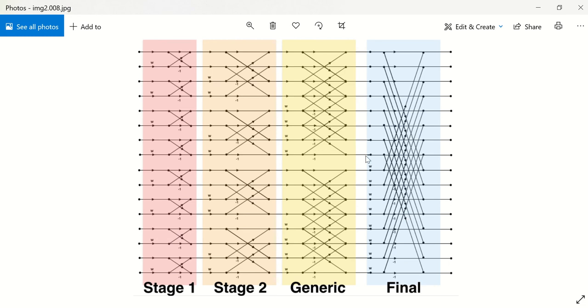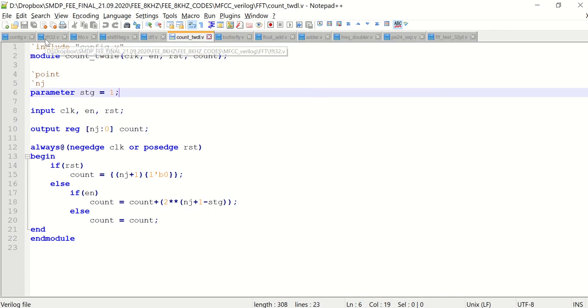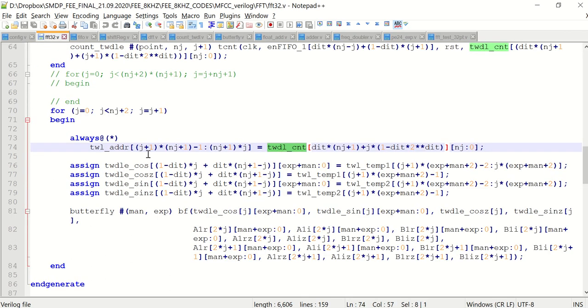And if you are in the final stage, you have the twiddle factors, if you have observed, only in the lower half. So for counting the proper twiddle factor address, we will be using the count twiddle module.